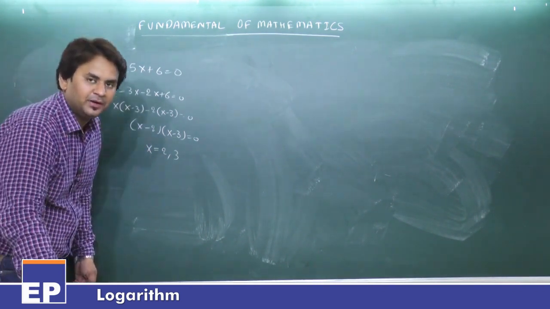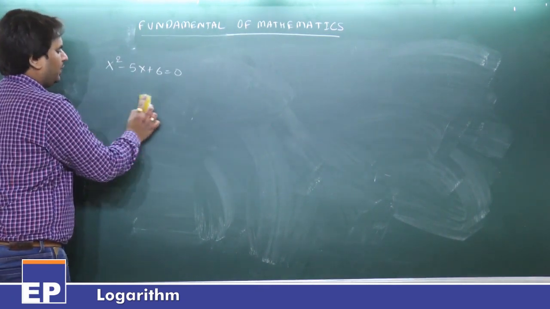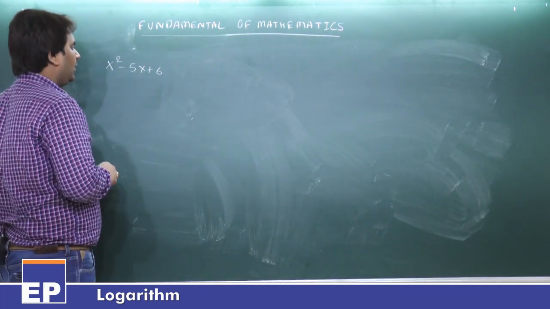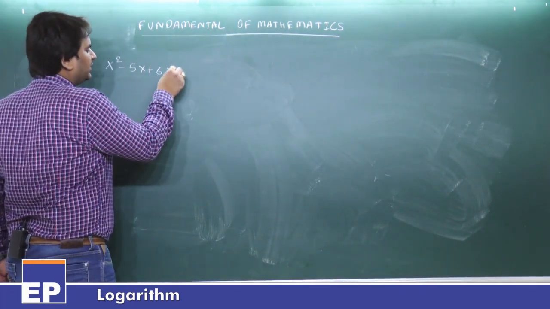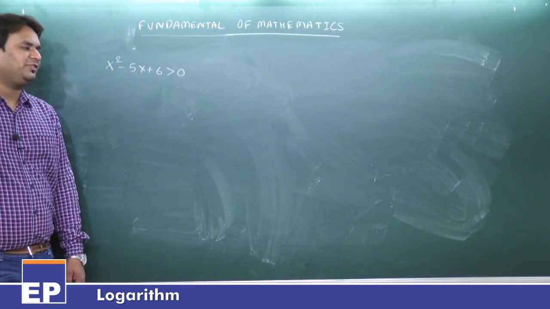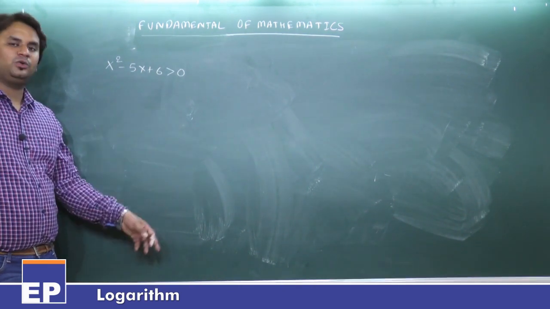But what will happen? The equation will convert into inequation. Inequation means inequalities. What is the symbol of inequality? Suppose this equation, I am writing this symbol: x square minus 5x plus 6 is greater than 0. You can't solve this because you don't know the process of how to solve this.